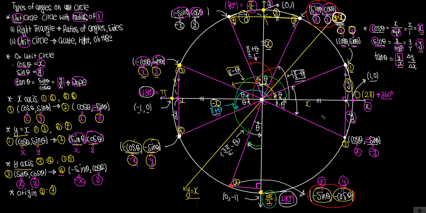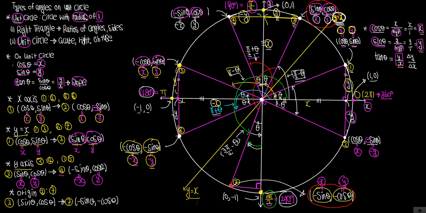Then the number 3 coordinate, which was sine theta, comma, cosine theta, will get switched into the number 7 coordinate, which was negative sine theta, comma, negative cosine theta.